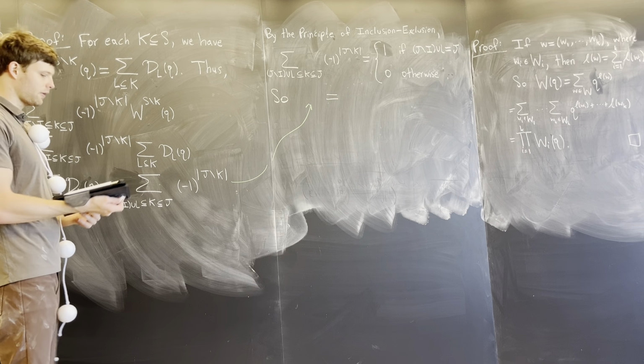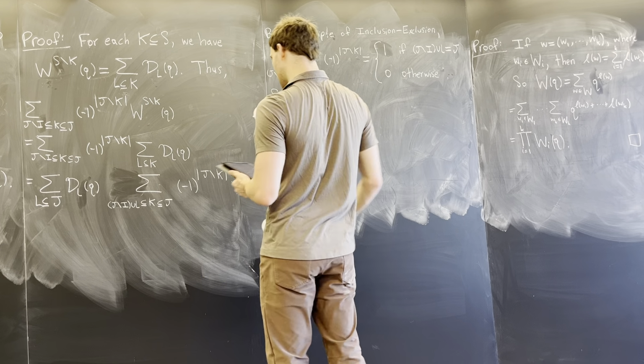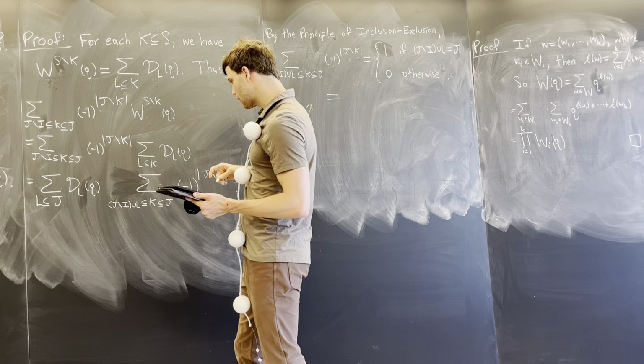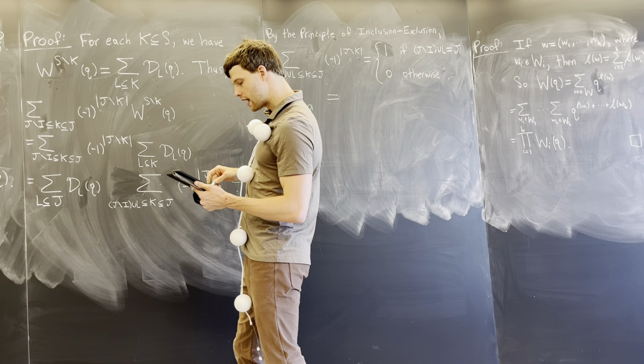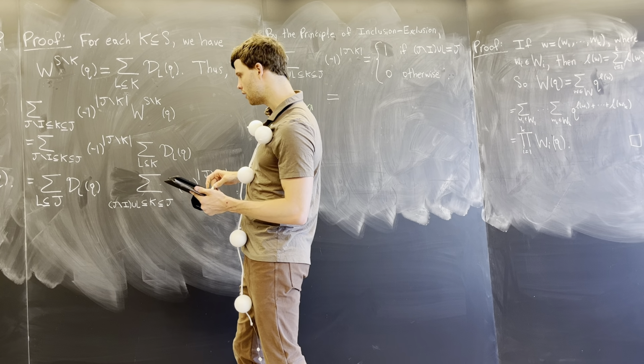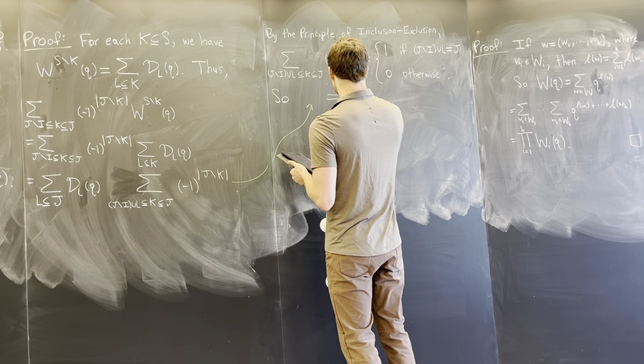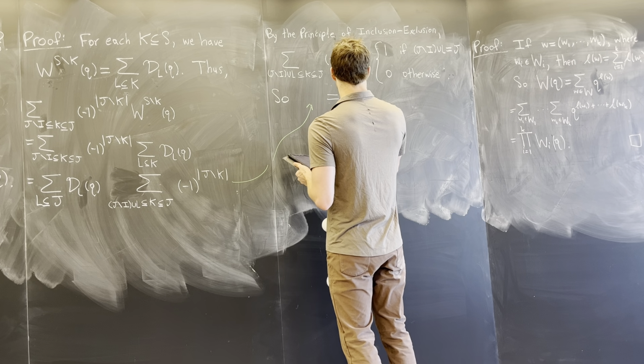So I only have to care about the case when J minus I union L is J. And the point is that this is equivalent to saying that I is contained in L is contained in J.